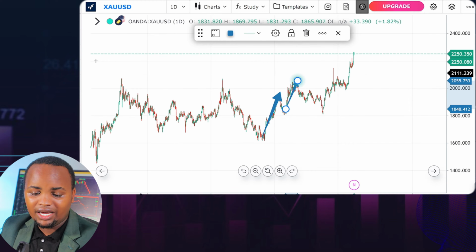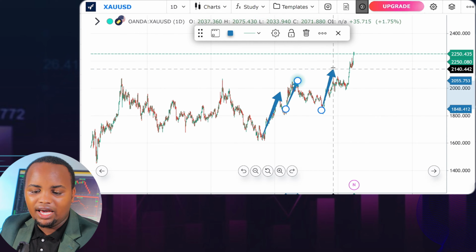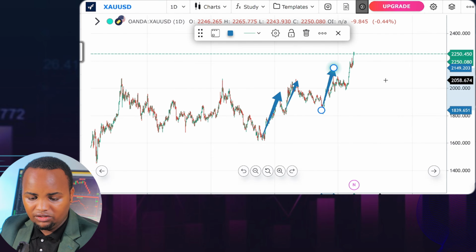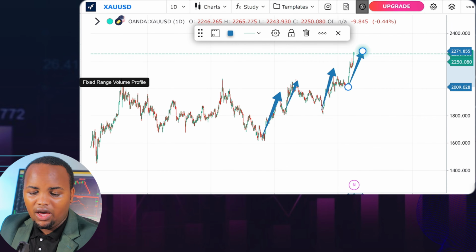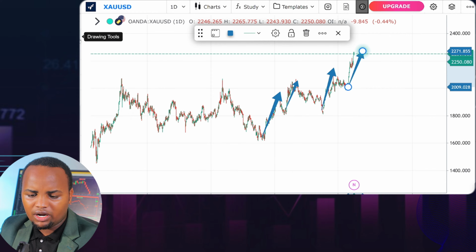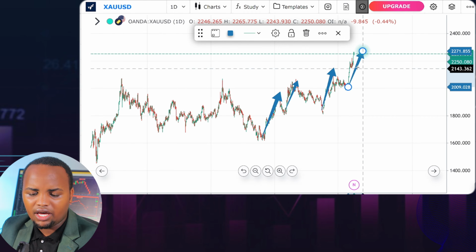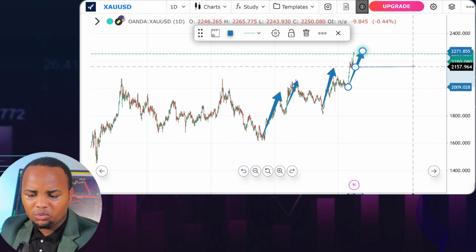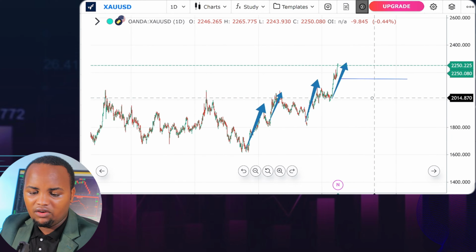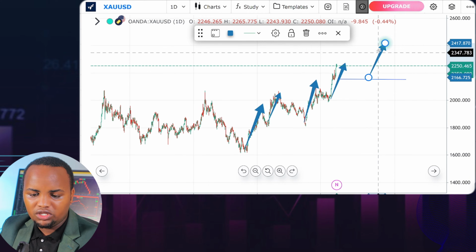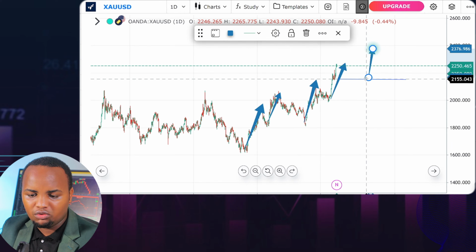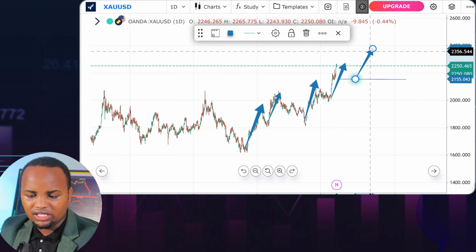For example, you can see this market has been on a trend from 1600, and this is how gold has been moving, and you can see 1, 2, 3, 4, gold has been trending up. Because we have now achieved a new high of around 2275, there's a high chance that gold can retrace all the way to 2150, because you can see every time it was making these marks, pushing high and then moving. That means it can retrace to that point and then continue moving up, probably to 2376, considering there are a lot of things affecting gold at the moment.